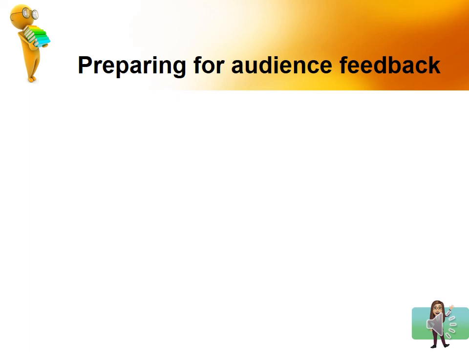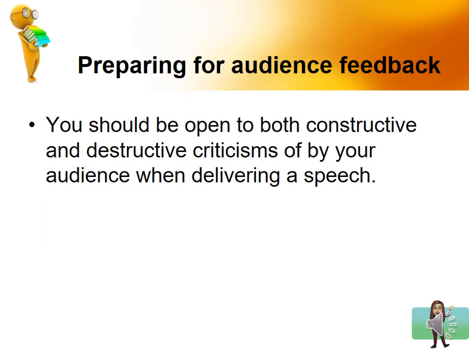The next is preparing for audience feedback. So of course, you have to prepare yourself for whatever feedback the audience gives when you deliver a speech. You should be open to both constructive and destructive criticisms by your audience.